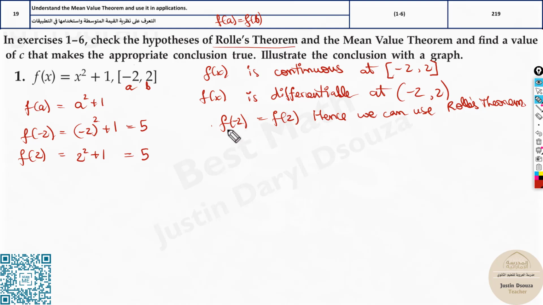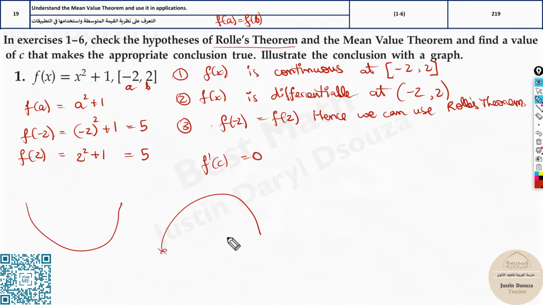We can apply it. Now, what Rolle's theorem says is, if these three conditions are met, the first, second, and third, you can write them in 3 lines, then the derivative of this particular function at a point c will always be 0. If both function values are equal, the graph will be something like this or like this, because it always comes back to the original point.